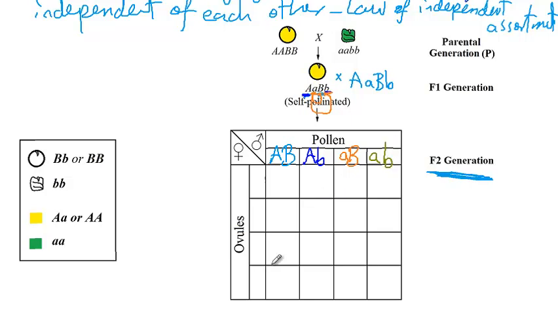Now same thing exactly happens right here. If you repeat that for the ovules, we will get capital A going with capital B, so AB. Then we have A going with the lowercase b, so Ab. And then the next combinations would be lowercase a going with B, so lowercase a, uppercase b, and then lowercase a going with lowercase b, so ab.